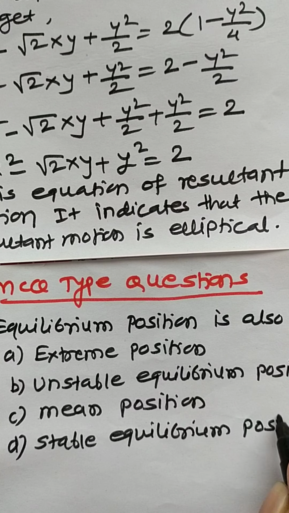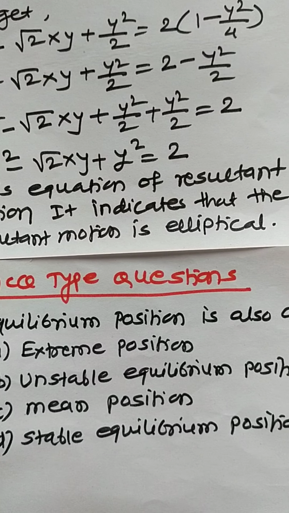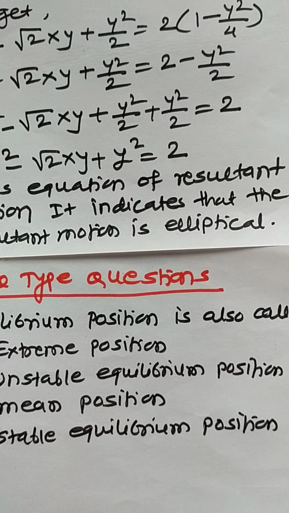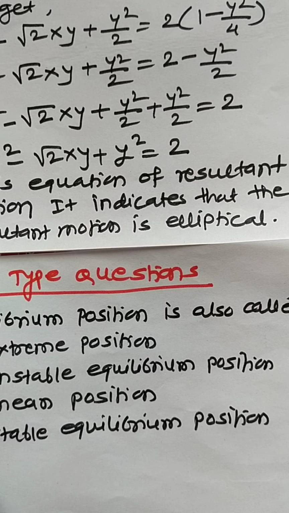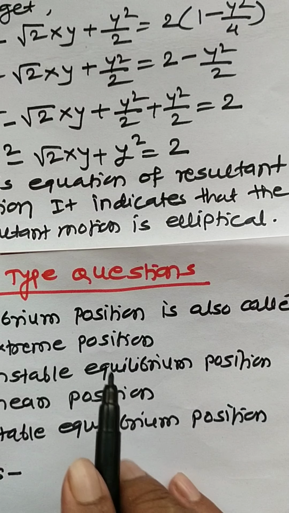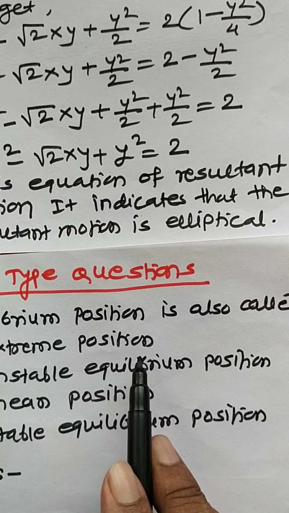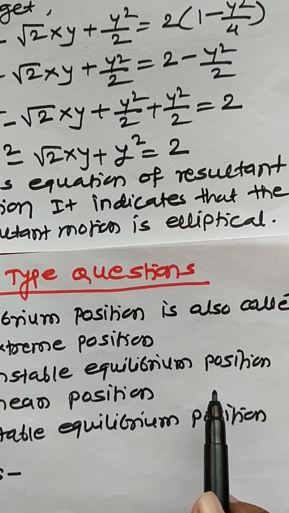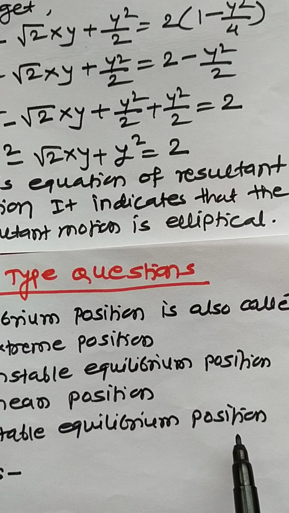So in this chapter, the first topic is the types of the equilibria, in which we studied the theory and concept of these equilibria. So therefore, here the equilibrium position is also called as, the four options are: extreme position, not correct; unstable equilibrium position, not correct; mean position, okay; stable equilibrium position, not correct.